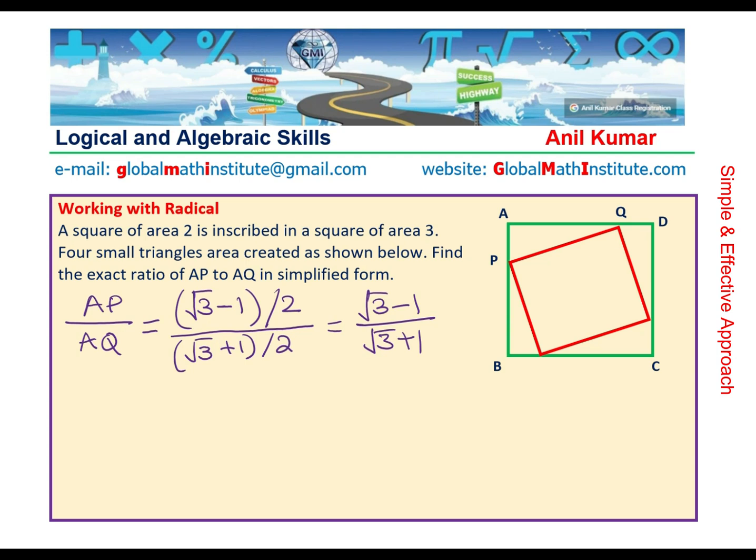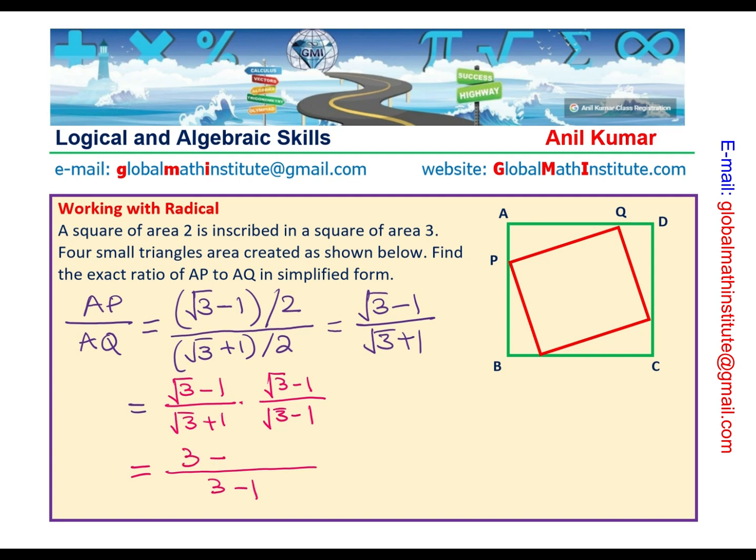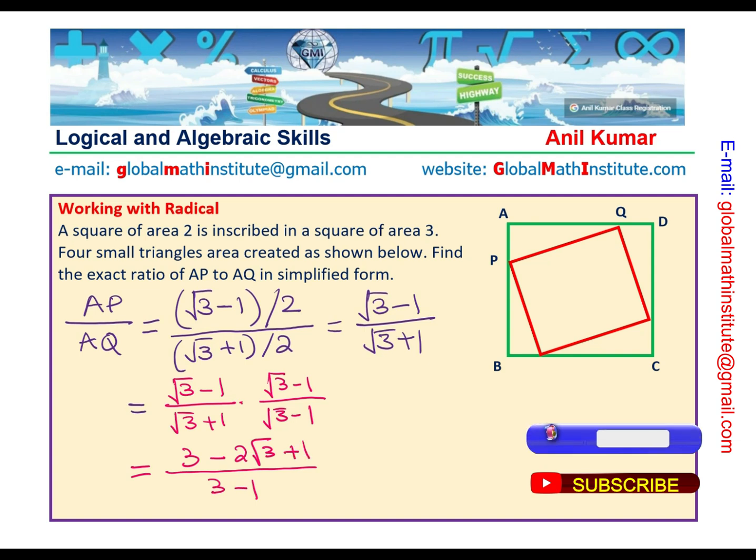Now to rationalize means to multiply by its conjugate. So it could be written as square root 3 minus 1 over square root 3 plus 1 times square root 3 minus 1 over square root 3 minus 1. So that gives you the square of square root 3 minus 1 in the numerator, and in the denominator we have 3 minus 1, correct? And what is the square of this? The square will be 3 minus 2ab, which is 2 times square root 3, plus 1, correct?